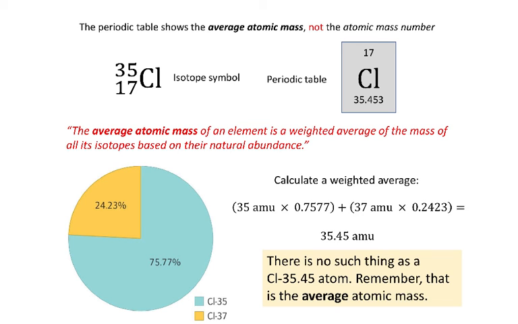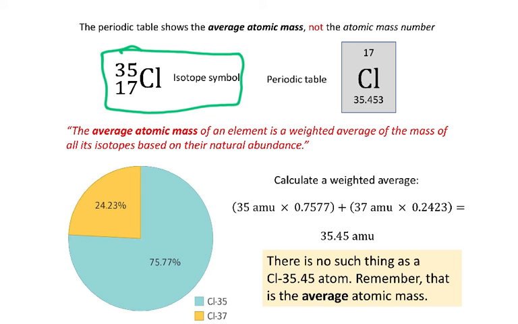Okay, so we need to make sure we're clear on the differences. If we look at the isotope symbol, we might have something like chlorine 35. Periodic table says chlorine 35.453. What's going on here? Well, any given atom has to be an isotope with integer numbers of neutrons and protons. Right?